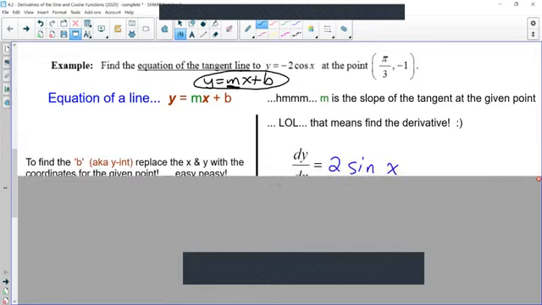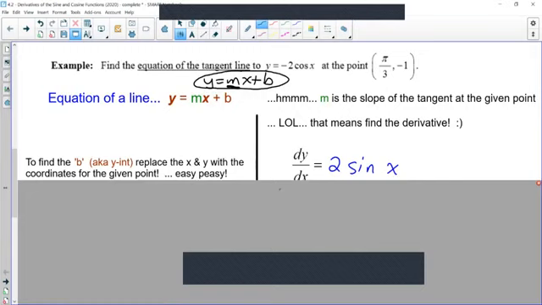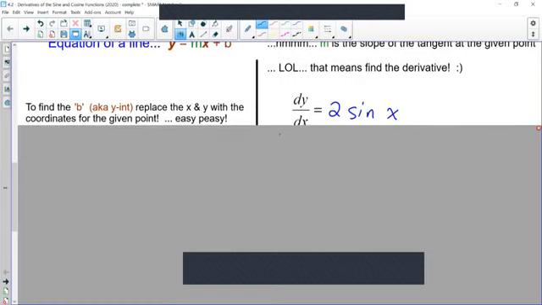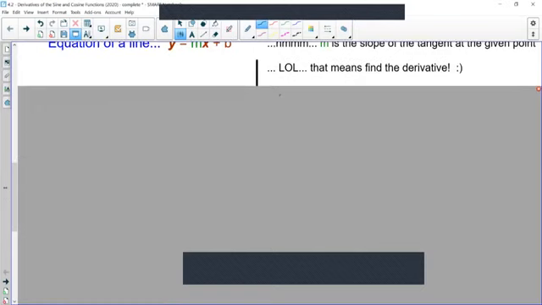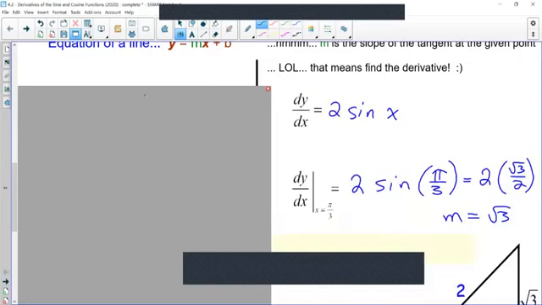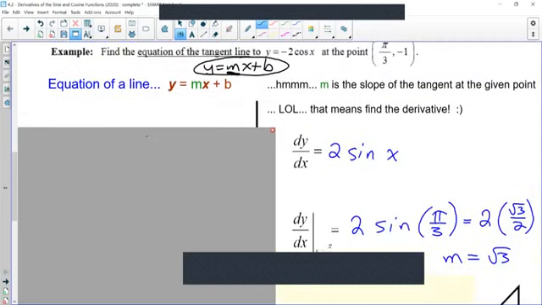That means find the derivative. We need the slope of the tangent, so we have to find the derivative at x equals pi by 3, because the derivative is going to help us get the slope of the tangent.